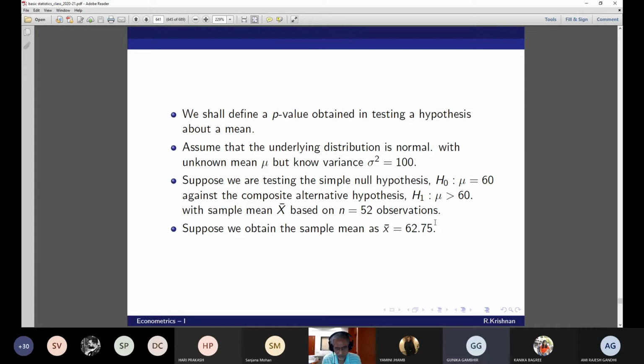The sample mean is 62.75. My question is, can this be treated to be equal to 60? If you treat it to be equal to 60, the null will be accepted.